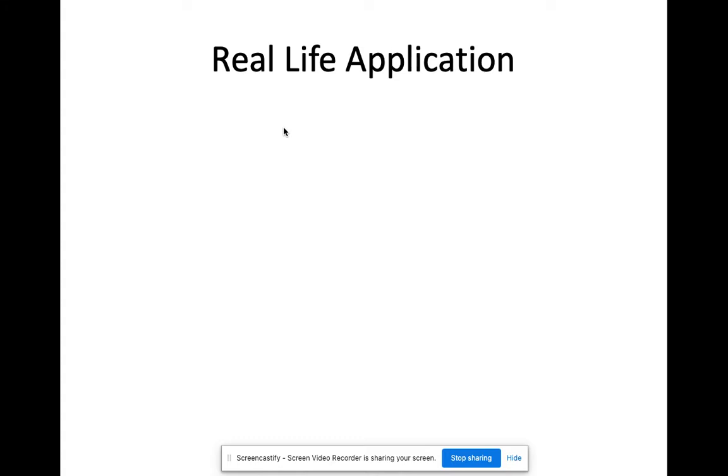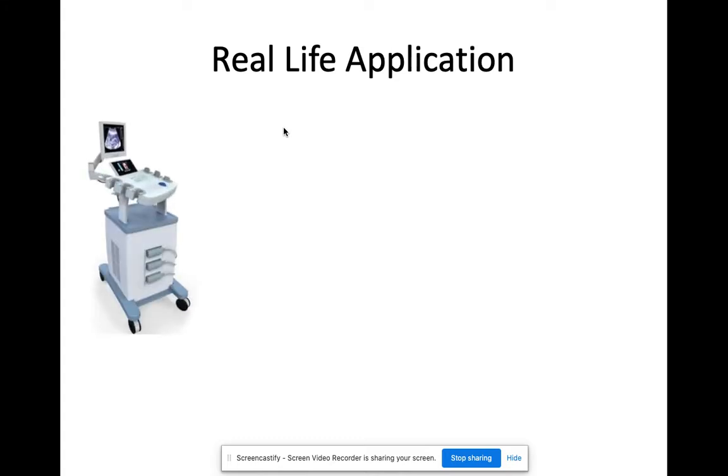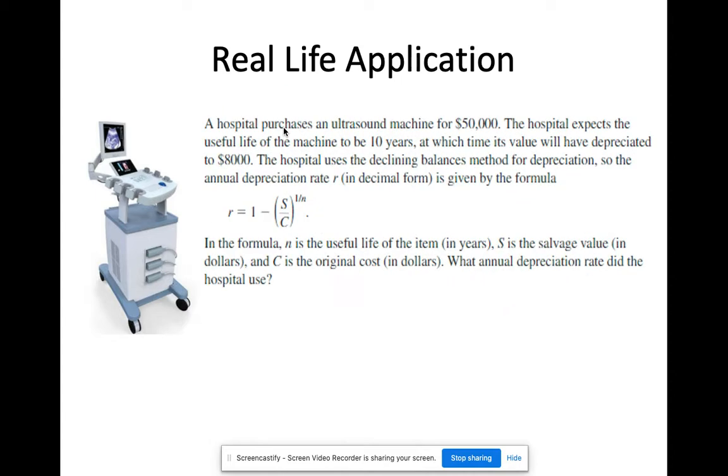Now, let's have a real application for this. What we have now here is an ultrasound machine. So let's read. A hospital purchases an ultrasound machine for $50,000. The hospital expects the useful life of the machine to be 10 years, at which time its value will have depreciated to $8,000. The hospital uses the declining balances method for depreciation.